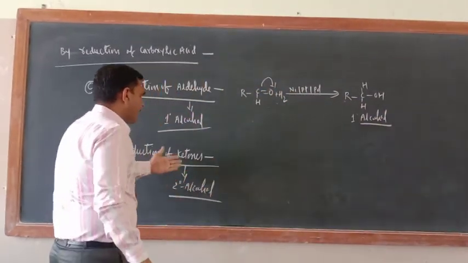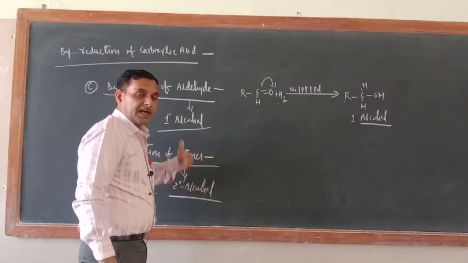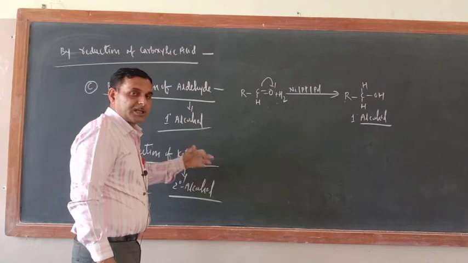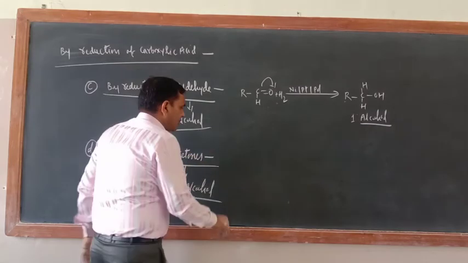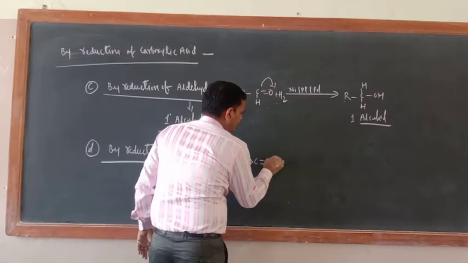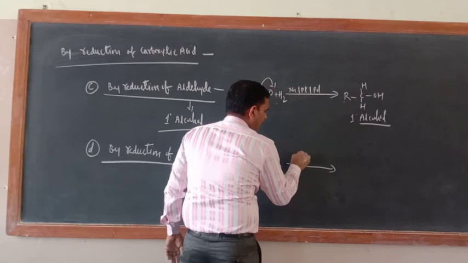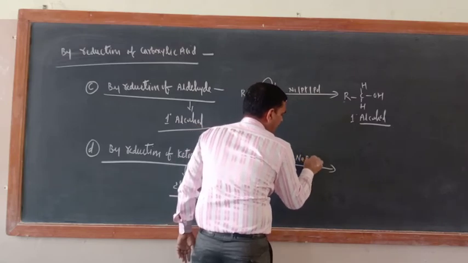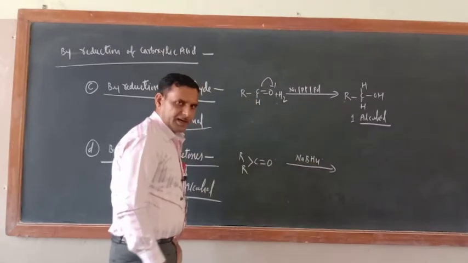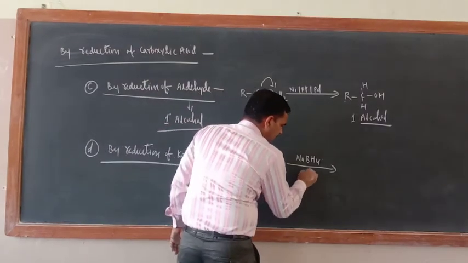Now what about ketone? Ketone as compared to aldehyde will undergo reduction reaction with difficulty. So here what is the product? RC double bond O. And here you have to take sodium borohydride. Here also just 2H is required.